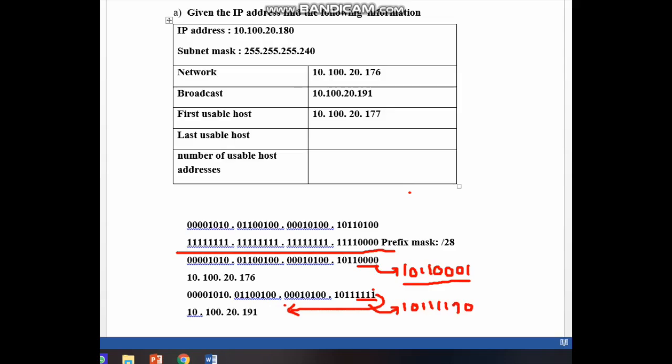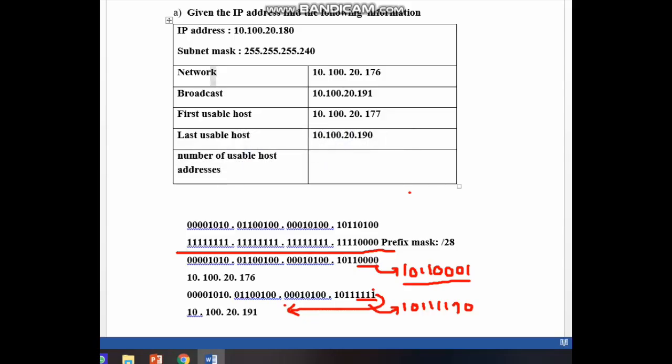So if we just write the decimal representation of this, that will be 190. So that's the address that's immediately before my broadcast address, right? So it's just going to be 10.100.20.190.